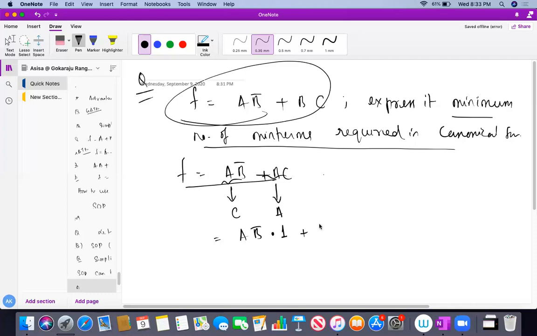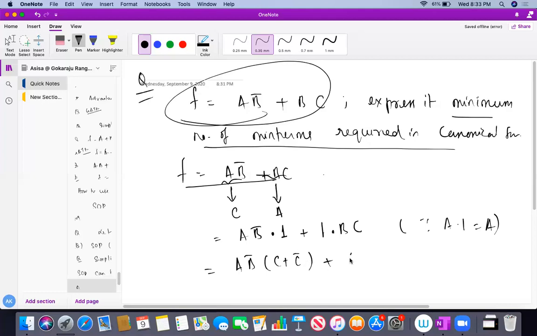So here the missing term is A, I am going to AND with 1. Which tells that A and 1 is A, which is not changing my function. So next I am going to replace 1 with the missing variables in the form of C or C bar.